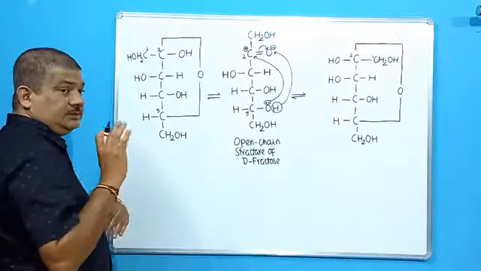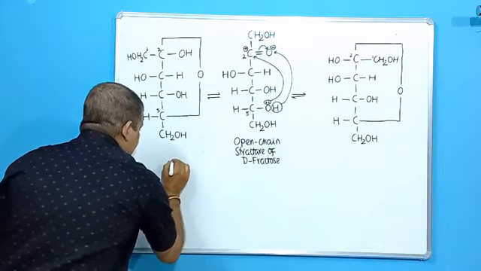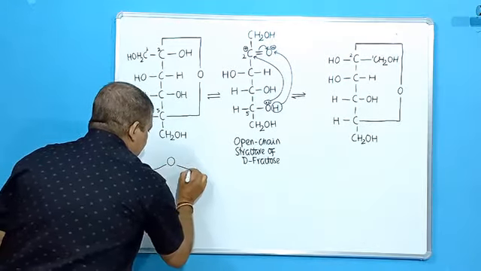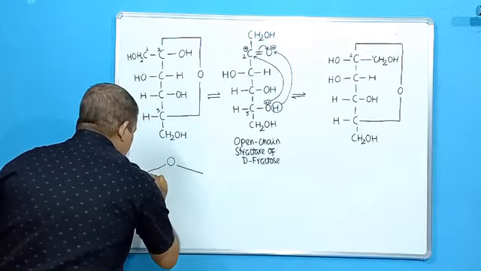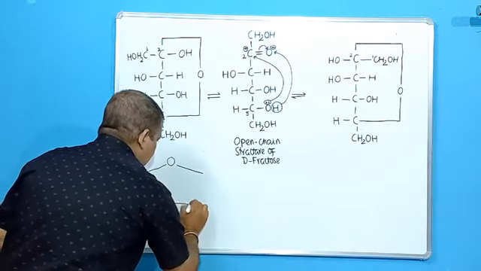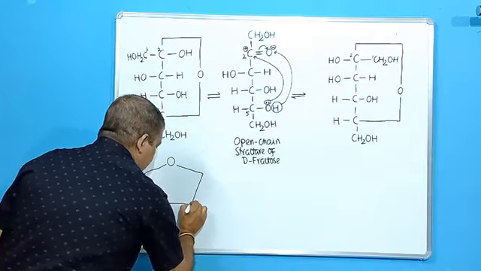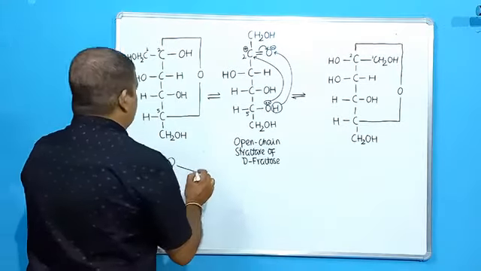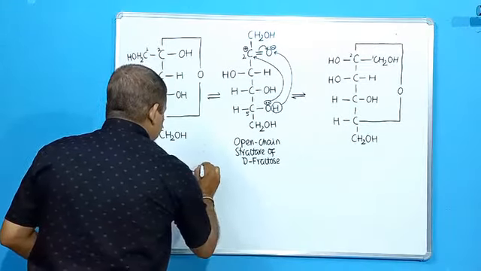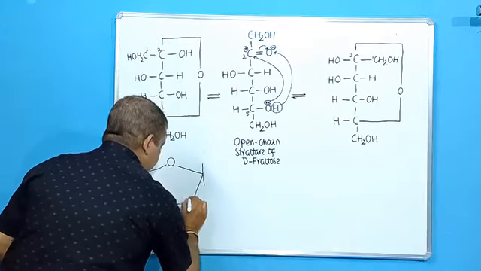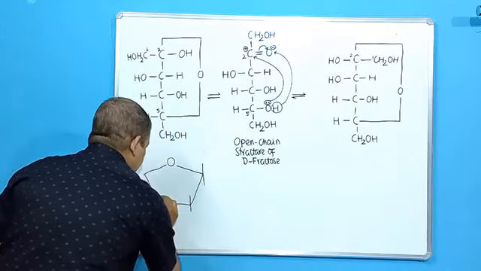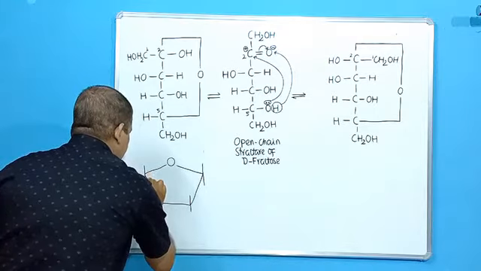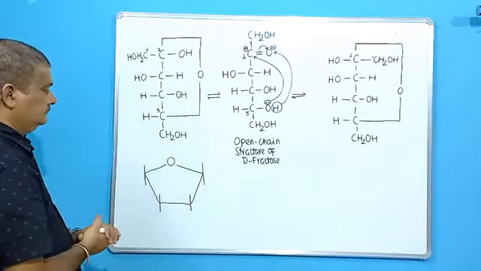So here is a furanose structure, meaning a 5-membered ring. What is the trick? Now you have to take oxygen like this at the center, then a 5-membered ring like this.